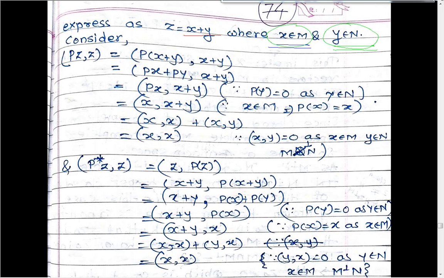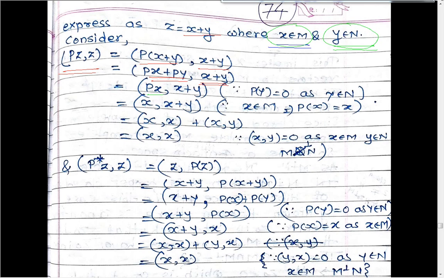So take z as x plus y, where x belongs to M and y belongs to N. Then consider the inner product of Pz and z, which equals the inner product of P(x plus y) and x plus y. Since P is linear, this simplifies to the inner product of Px plus Py and x plus y.